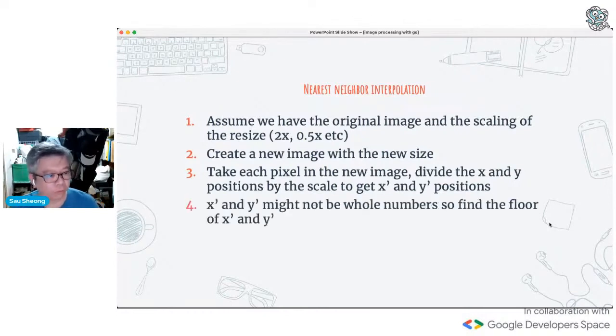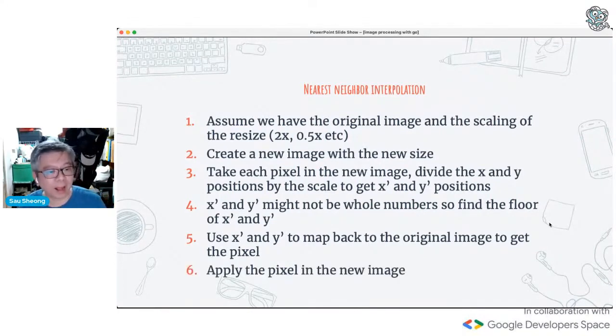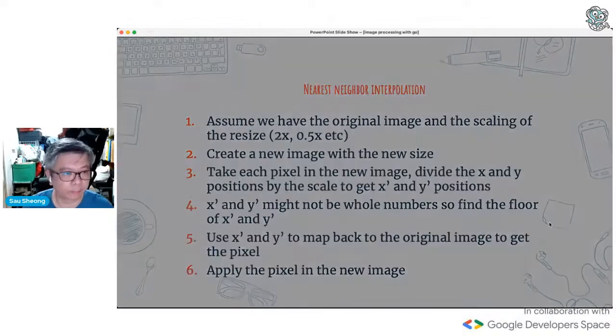Of course, X prime and Y prime are not going to be whole numbers most of the time, so we find the floor of X prime and Y prime, right? With this, you can use X prime and Y prime to map to the original image, and you take that pixel and apply it in the new image. So that's it really. That's the nearest neighbor interpolation. The name sounds fanciful, but that's all there is to it.